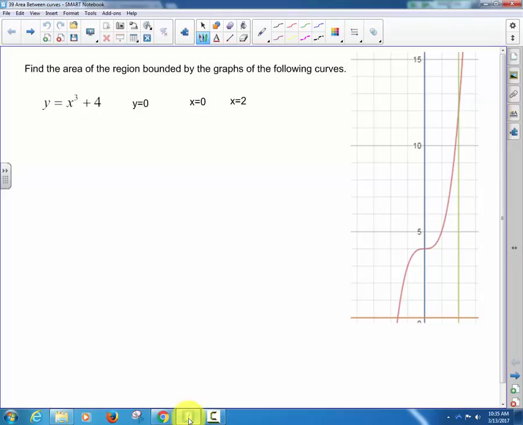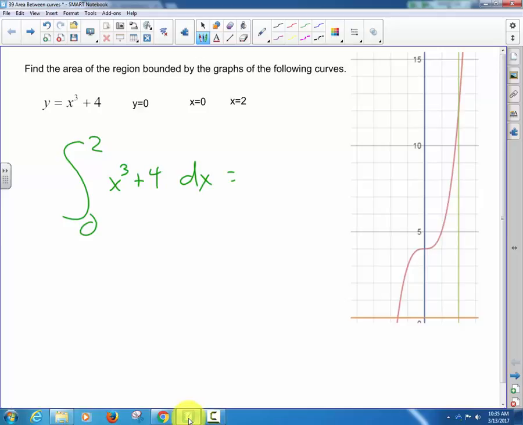How do we solve this problem? Okay, we're going to integrate from 0 to 2 the function x cubed plus 4 dx. That's correct. That's exactly what we're going to do.